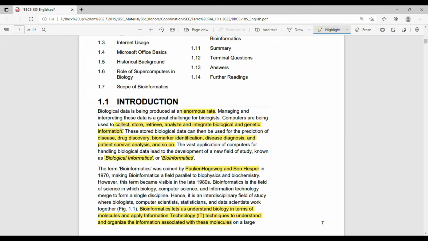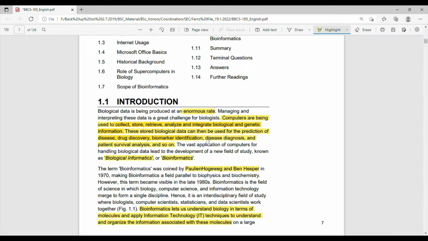That platform is being provided by bioinformatics, which says that computers are being used to collect, store, retrieve, analyze, and integrate biological and genetic information. Not only that, the stored biological data can then be used for the prediction of diseases, drug discovery, and biomarker identification.